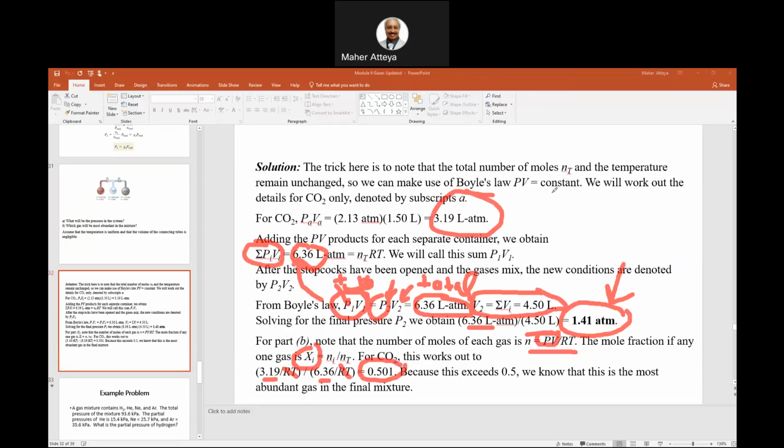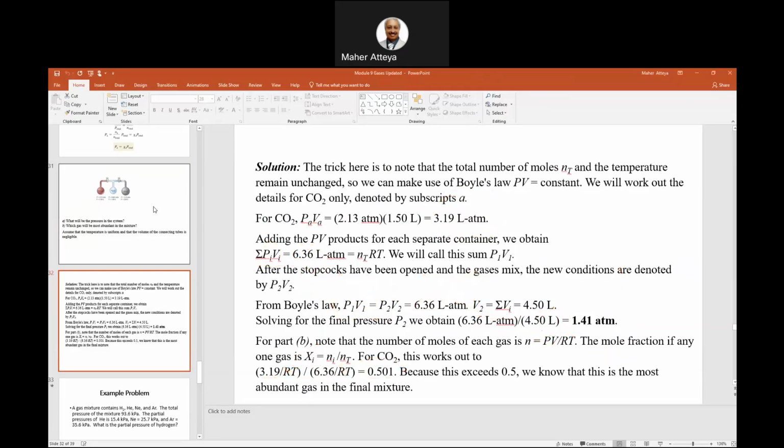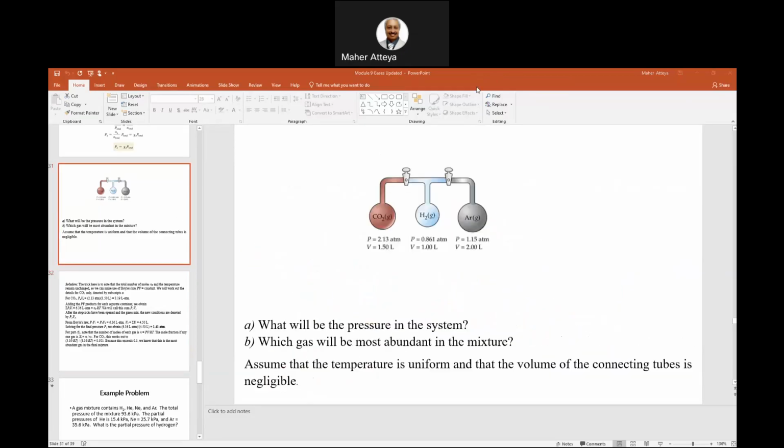So if you add the mole fraction of the three gases here, the mole fraction of CO2 plus the mole fraction of hydrogen plus the mole fraction of argon has to equal 1.